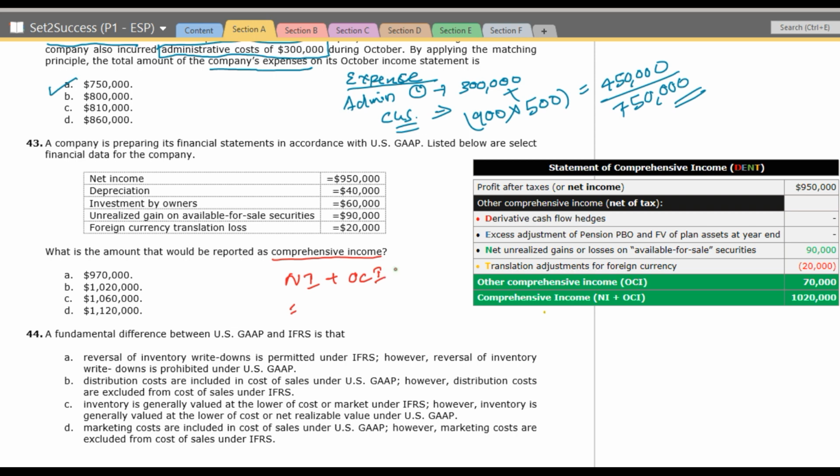You can remember them through the mnemonic called DENT. So you add certain items and you will get the comprehensive income. So let us calculate. We have a net income. While calculating the comprehensive income, we start with net income, that is 950,000.